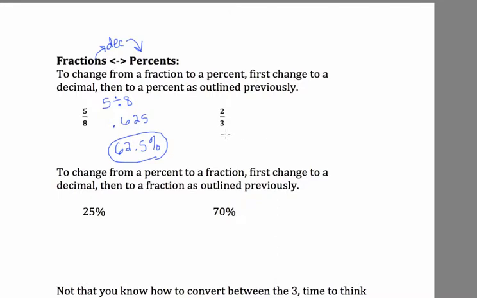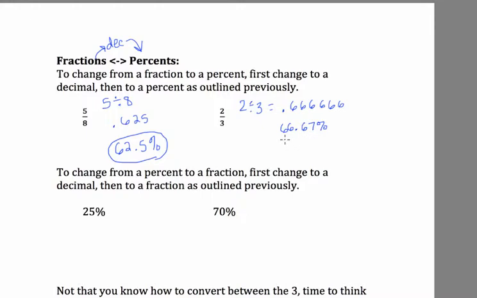Same thing, 2/3. Make it into a fraction first. 2 divided by 3 is 0.6 repeating. Now move your decimal place 2 places to the right. There are a few ways you can show this answer. You could round it. Rounded to the nearest hundredth would be 66.67%.